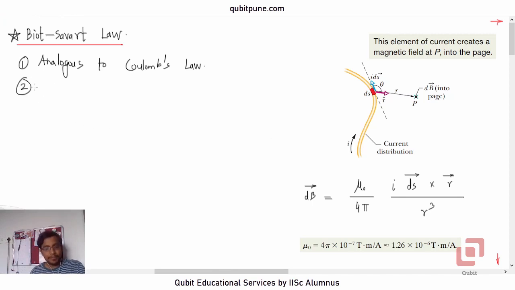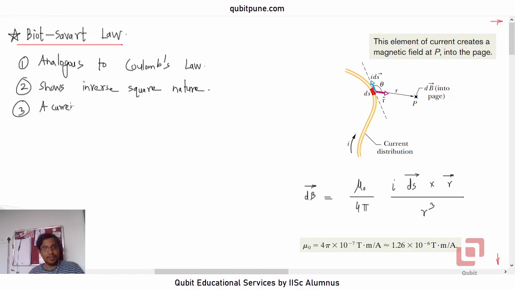Number 2: it shows inverse square nature partly. It depends on how you present it.